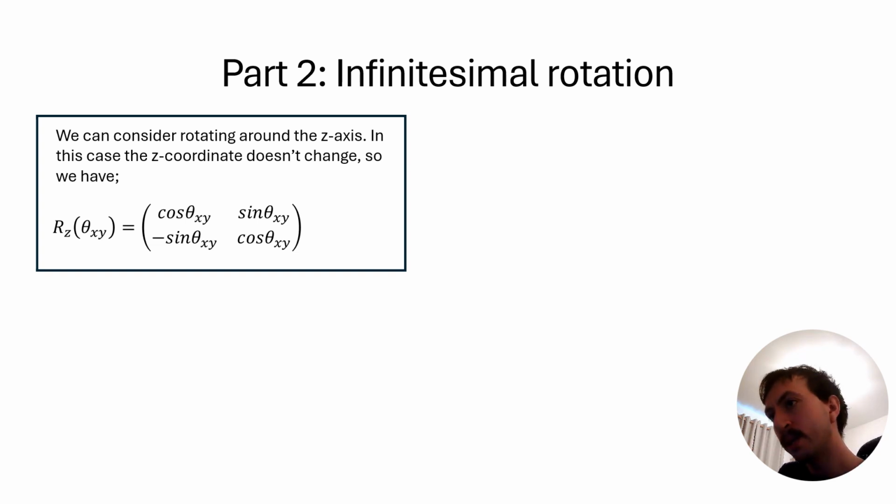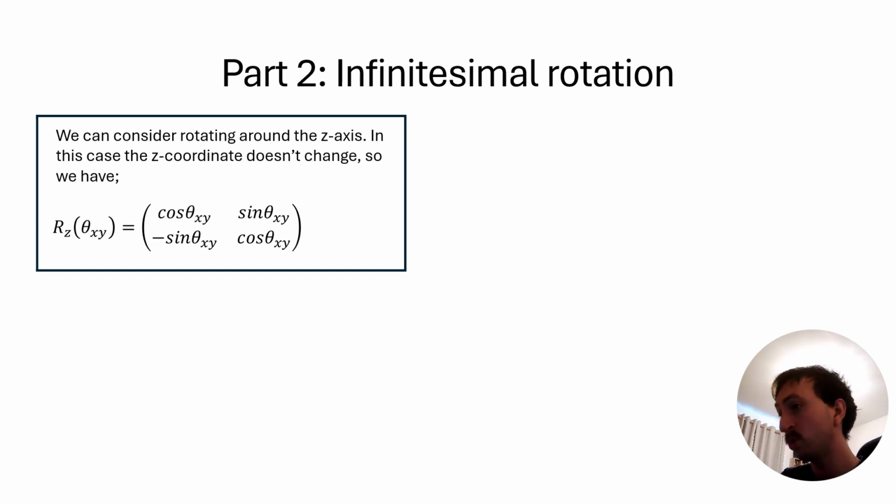So here I wrote the rotation matrix for something rotating about the z-axis, such that its angle on the xy plane changes. Hence, I wrote theta xy to emphasise it's the angle on the xy plane that is changing as something rotates.